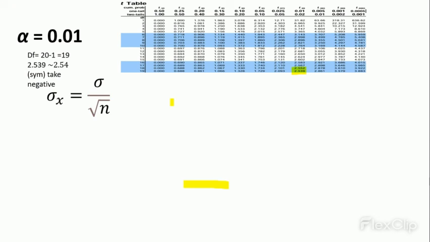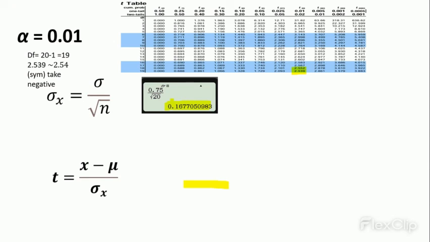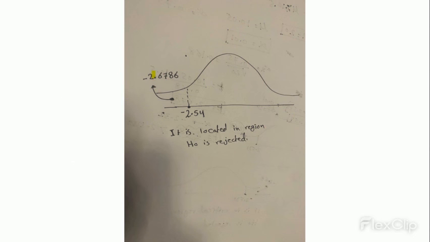Sigma x bar is equal to sigma over square root of n. Using your calculator, it is 0.167. Then t equals x bar minus mu over sigma x bar. Using the calculator, 10.05 minus 10.5 over 0.168 gives us negative 2.6785.